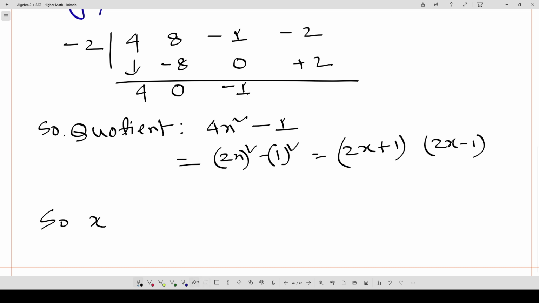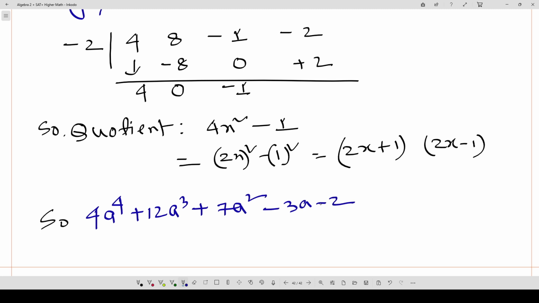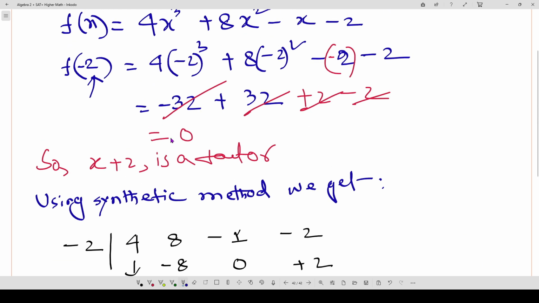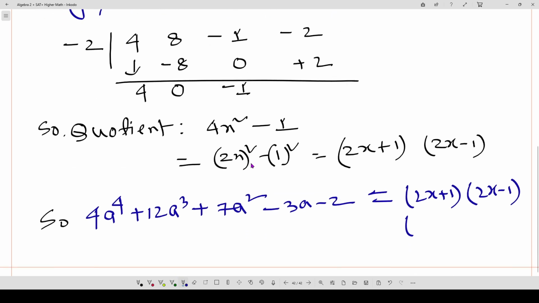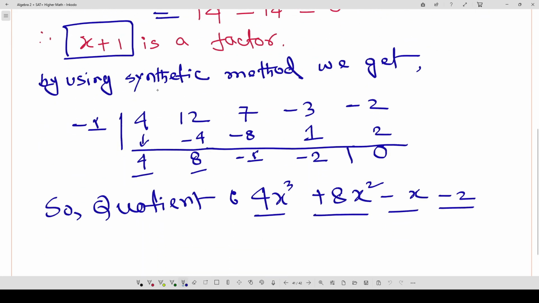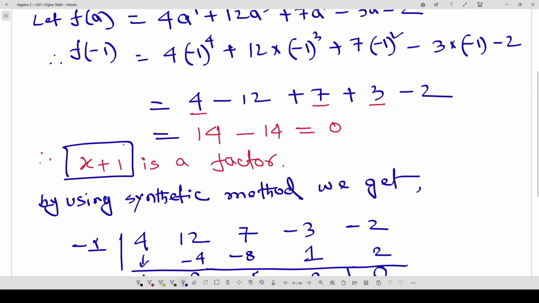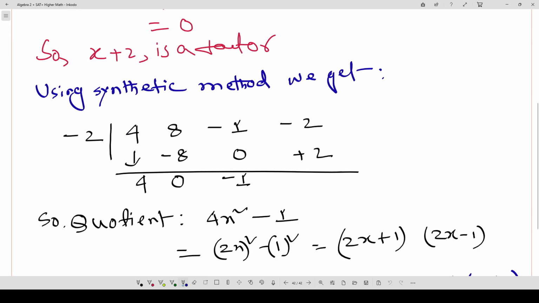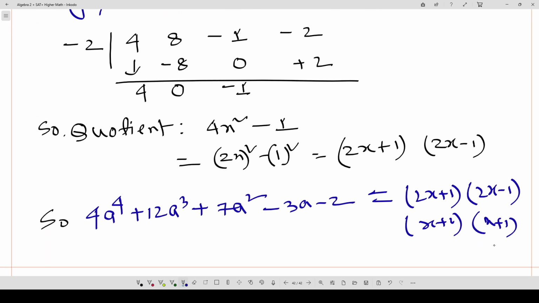So we can say 4a to the power 4 plus 12a cube plus 7a square minus 3a minus 2 equals to, here we get 2x plus 1, 2x minus 1, and previously we get x plus 2, and last page we already get using synthetic method, here is a x plus 1, right? So x plus 1, and this is our answer.